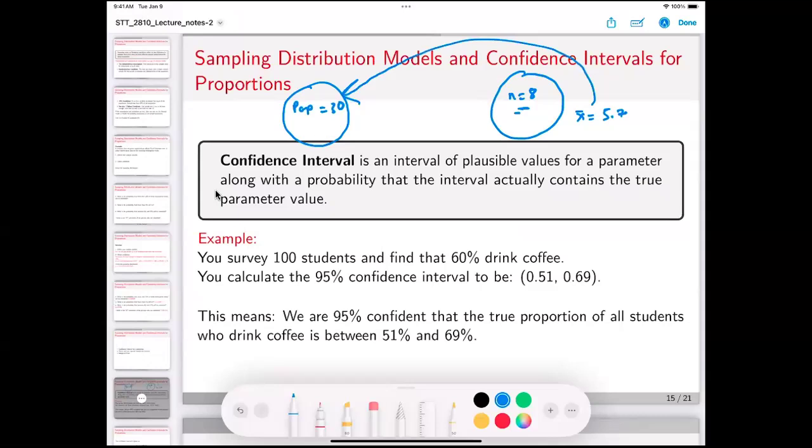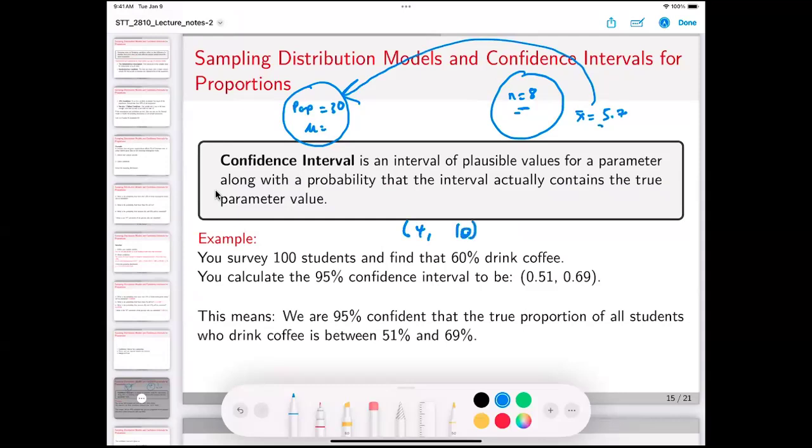Now, the point is that the true average height of students in this class, sometimes it could not be 5.7. Does that make sense? This is just trying to make an inference or make a guess based on this. So what the confidence interval says is that, well, it's like a range. So for example, the range could be between, say, maybe 4 to 10.